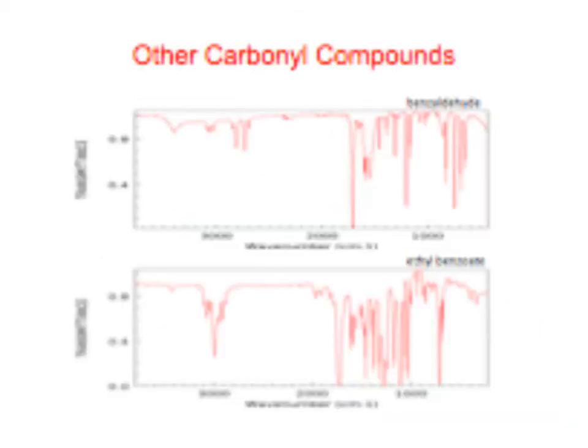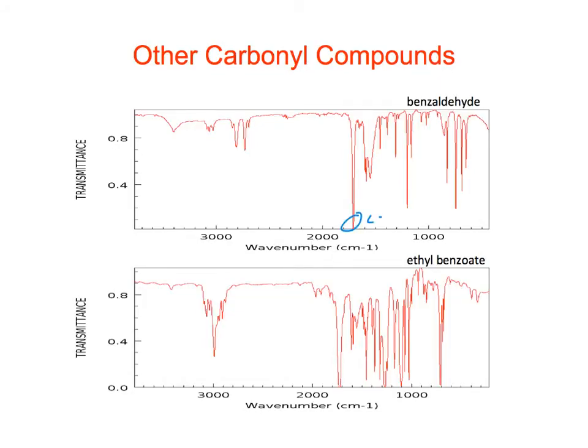All right. Aldehyde. Okay, we have the carbonyl stretch. But the thing that's easier, together with the carbonyl stretch, that we can pick out for aldehydes is this pair of peaks right here. These are the carbon hydrogen stretch for the aldehyde. Right?